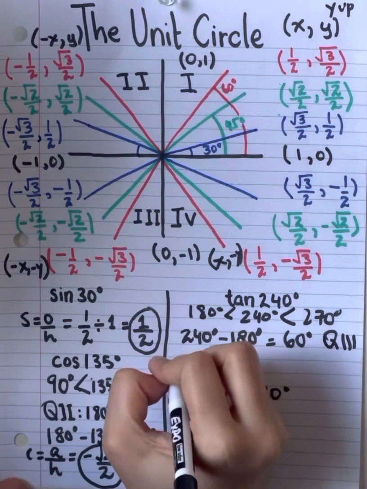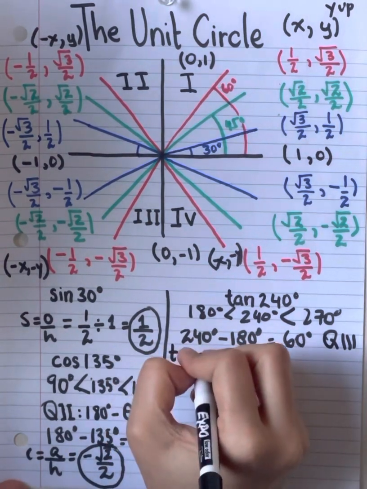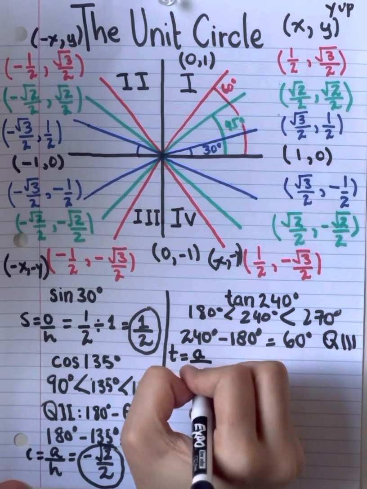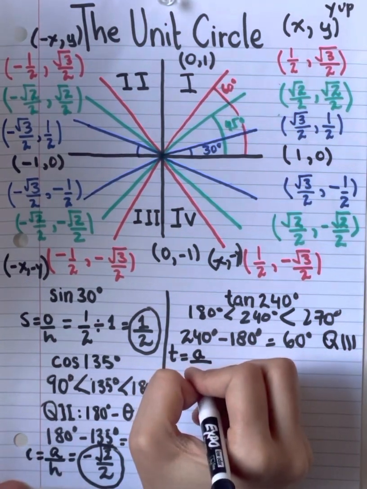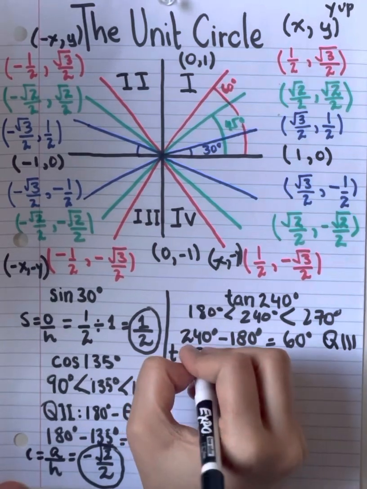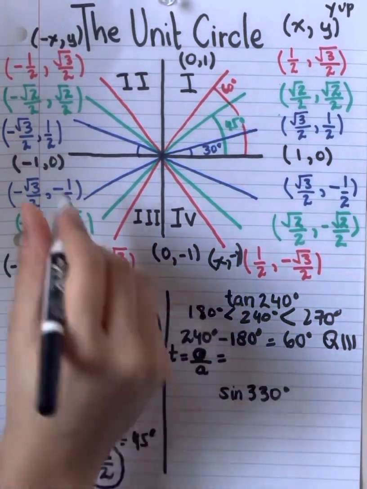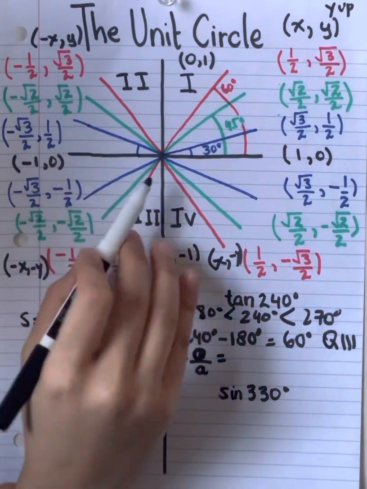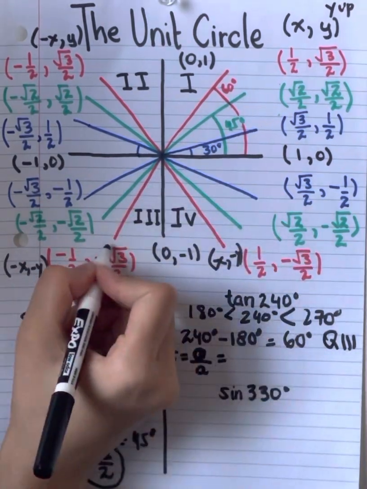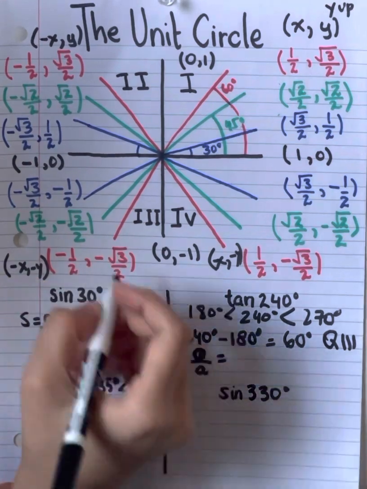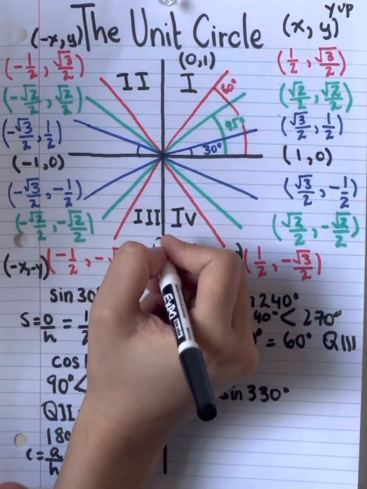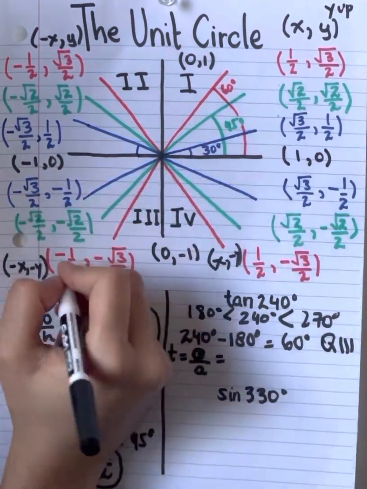Now, tangent is opposite over adjacent. So opposite here, quadrant 3 here, and we're talking about 60 degrees. Opposite is the y-axis and adjacent is the x-axis.